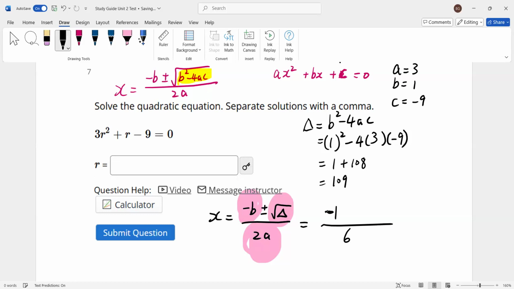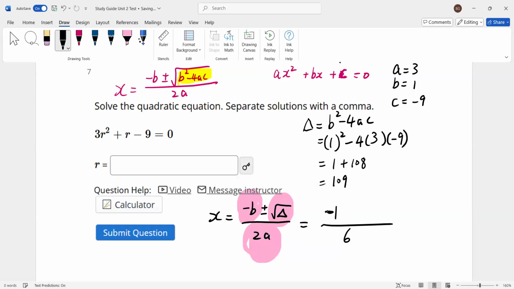Students mess up this part, maybe because -b is challenging. See -b as the opposite of b. If b is 1, then the opposite is -1. Suppose b is -10, then the opposite is +10. Thinking of it as the opposite is better than handling multiple negative signs.